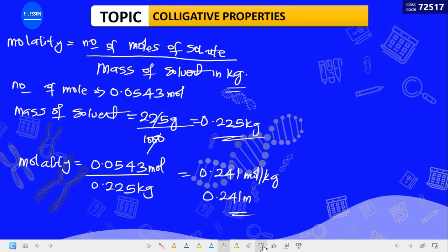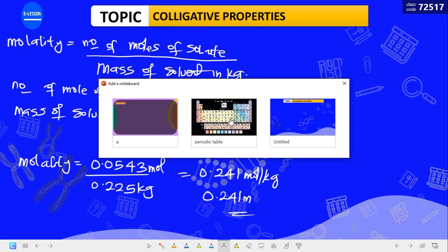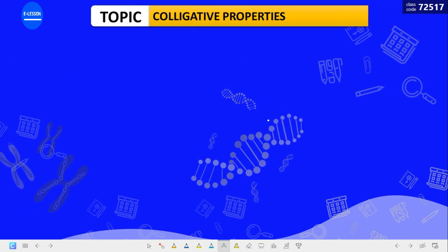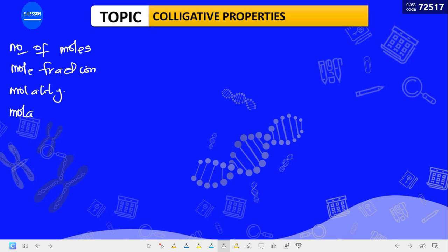So basically we've talked about the colligative properties. Now, we've talked about the concentration terms, which are number of moles, the mole fraction, molality, and then there's another one called molarity.